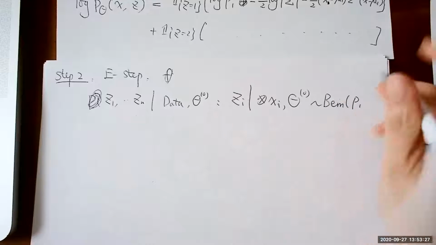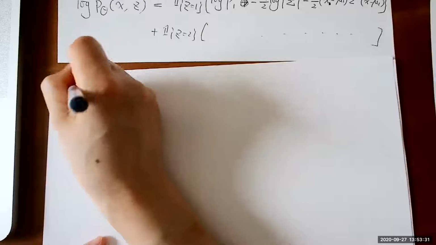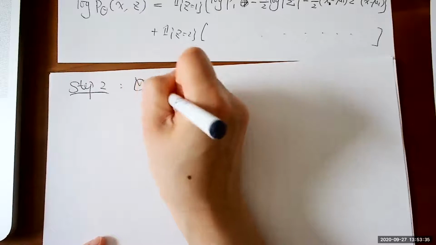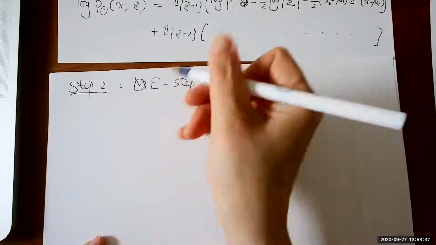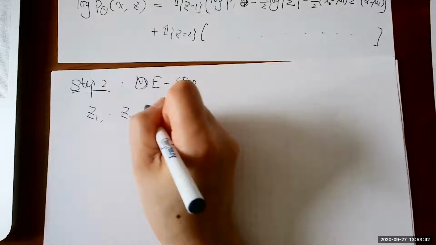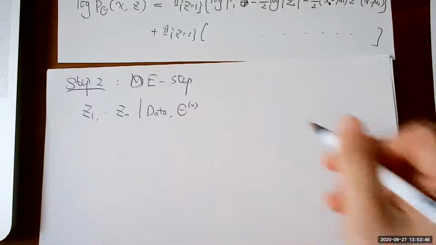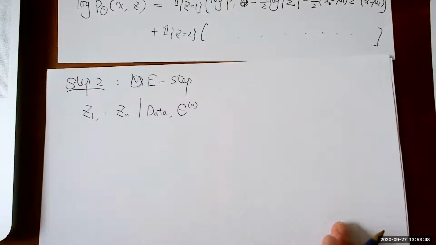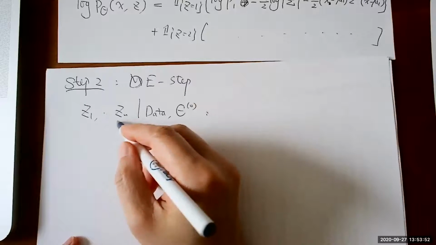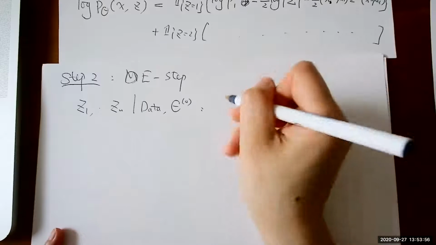Let me rewrite this page. So step 2 is an E step. We have all the latent variables, given the data and some initial parameters, and we want to find out what their distribution is. It turns out in this case they are all independent, but follow different multinomial distributions.